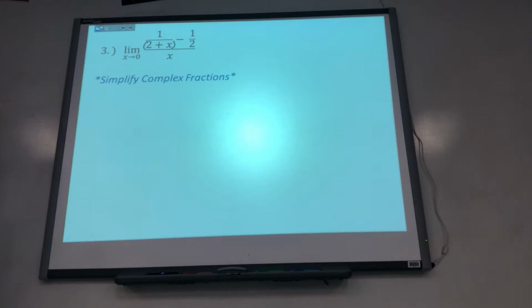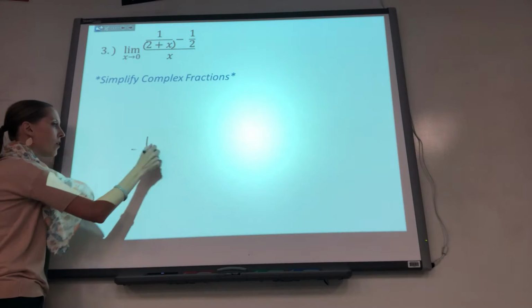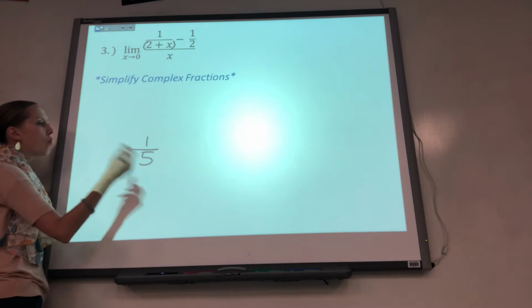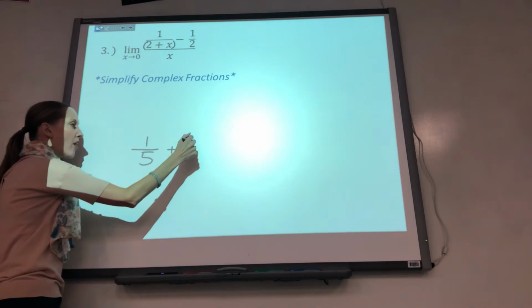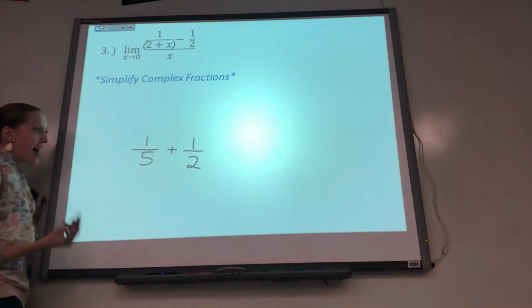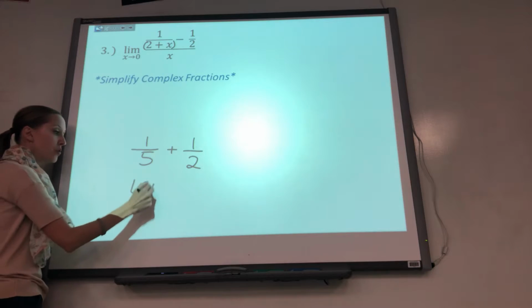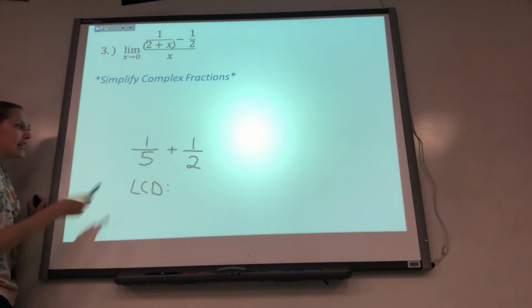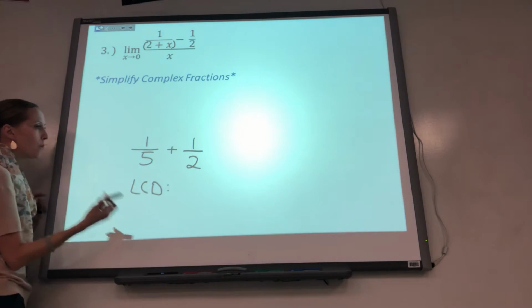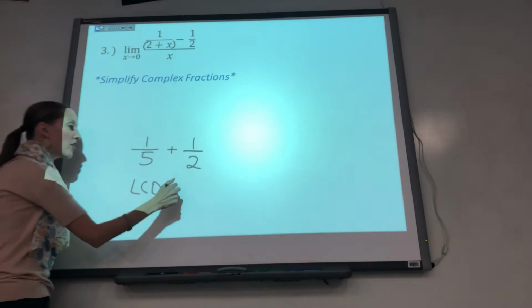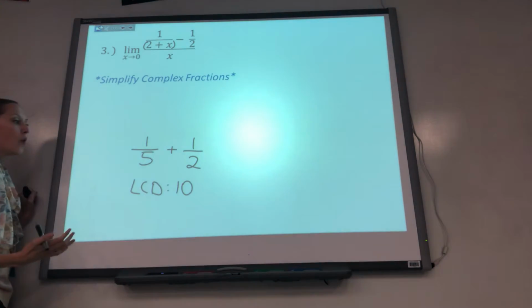Now, normally with an LCD, you try to make them the same thing. But for example, if you had 1/5 plus 1/2, if you were trying to add those fractions up and you were trying to get the LCD, 5 and 2, there's nothing smaller than 10 that they go into.